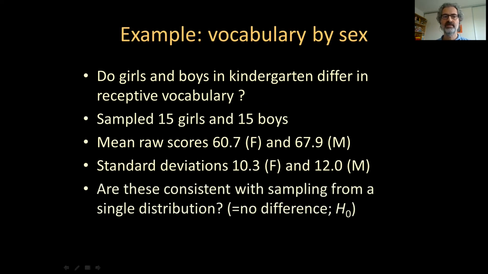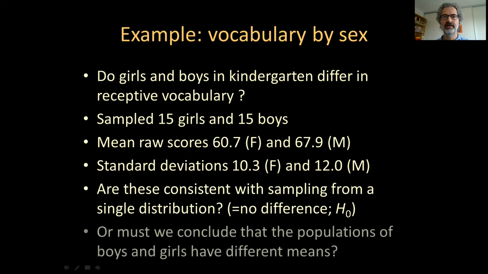The question is, are these data consistent with sampling from a single distribution, one population? That means no difference in the population means, so one population, that is our null hypothesis. Alternatively, if the null hypothesis does not hold, must we conclude that the populations of girls and boys have different means in this vocabulary test?